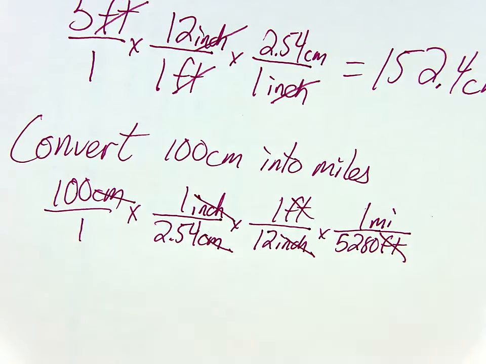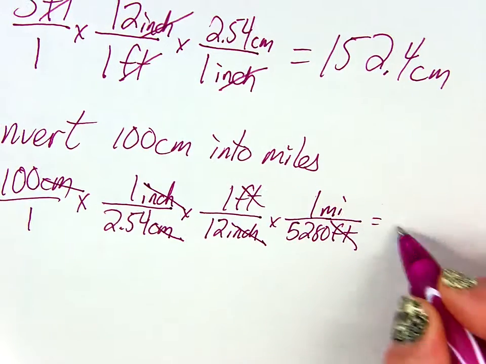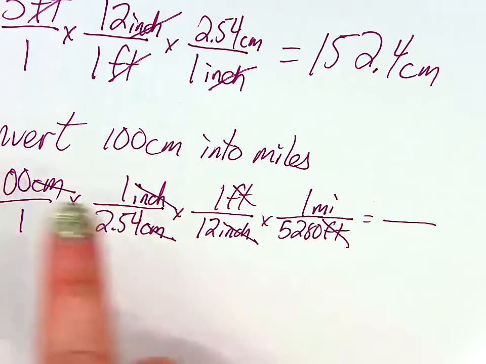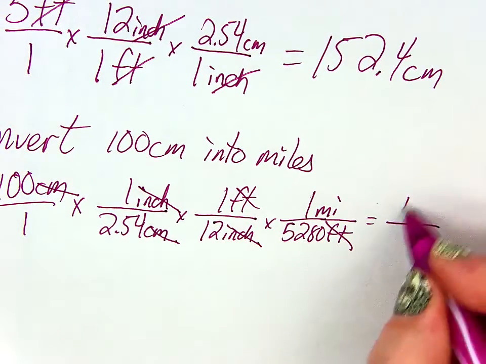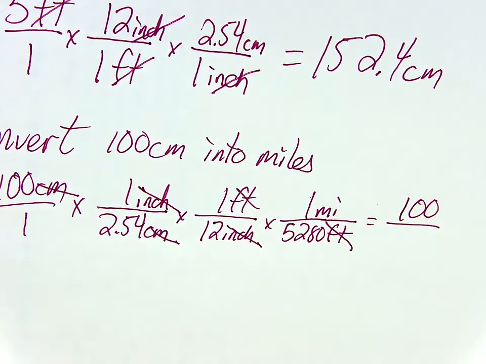Now, this is the first time my denominators are not just ones. So here's what I'm going to do. I'm going to multiply straight across the top. 100 times 1 times 1 times 1 is just 100. But then on the bottom, I have to do all that math. 2.54 times 12 times 5,280.